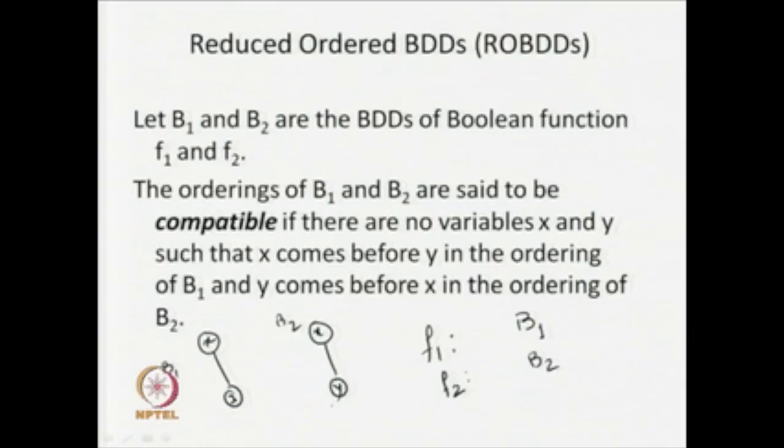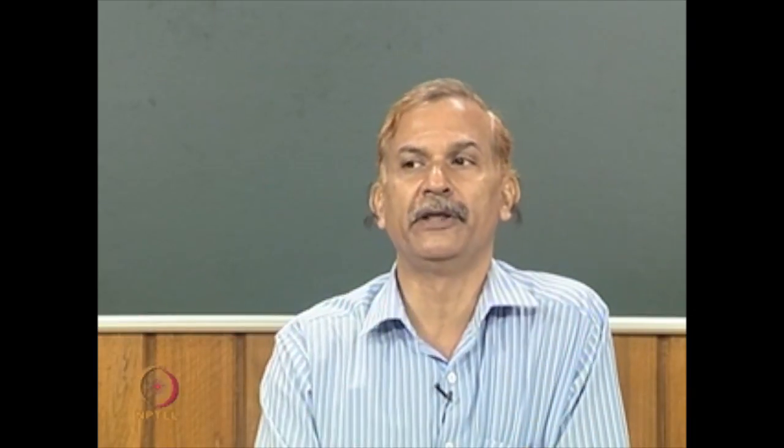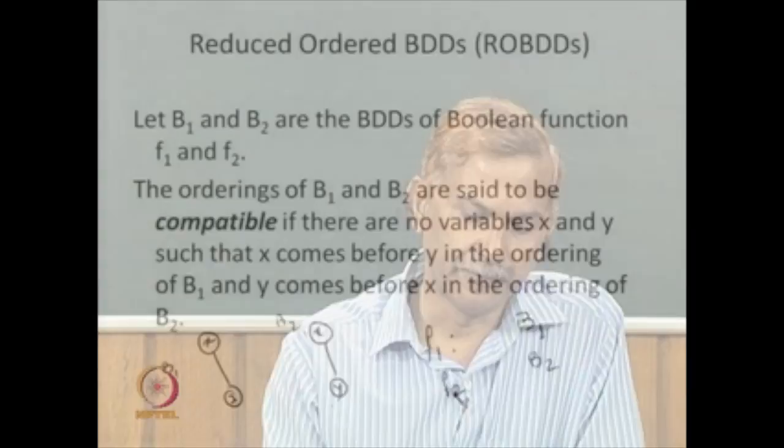If y comes before x in B2, then we do not say that these two have a compatible variable ordering. So, we can look at any variable ordering and any two BDDs. We say these two BDDs have compatible variable ordering if they have the same variable ordering.